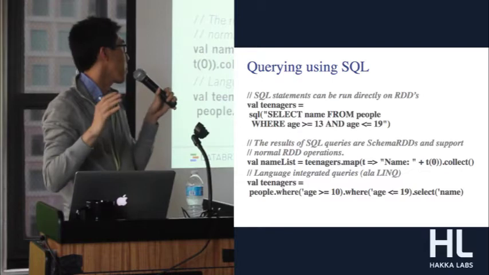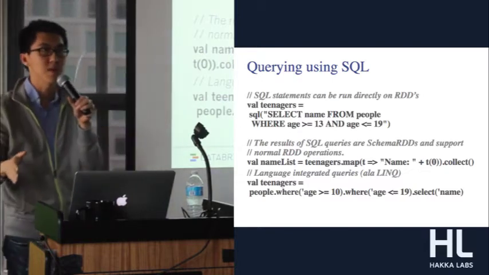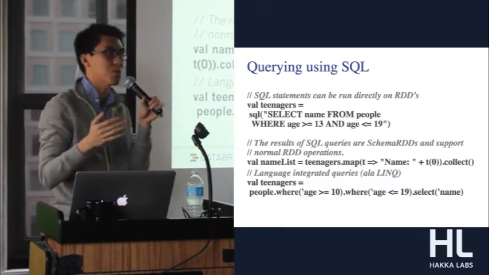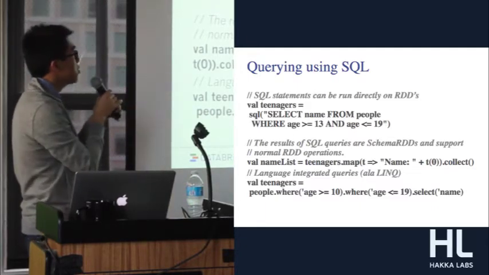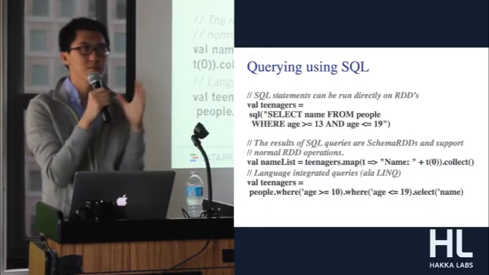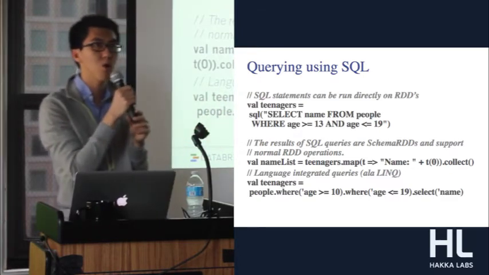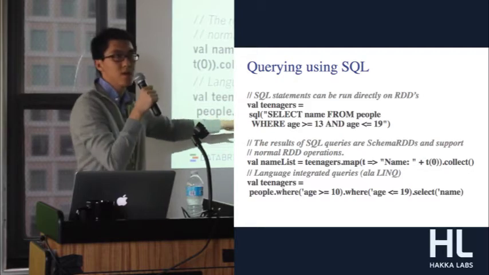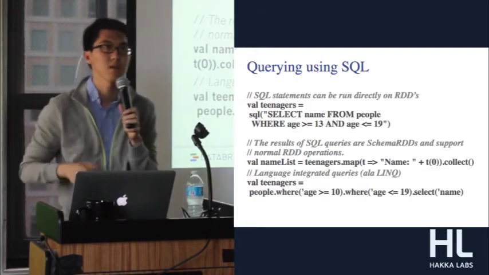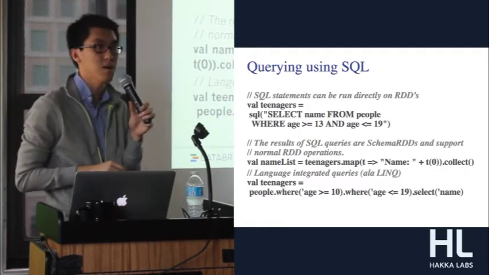And then you can apply, for example, k-means or logistic regression directly on top of that. There are two ways to program Spark SQL. One is just vanilla SQL. The other is a DSL we created that allows you to construct SQL query plans programmatically.